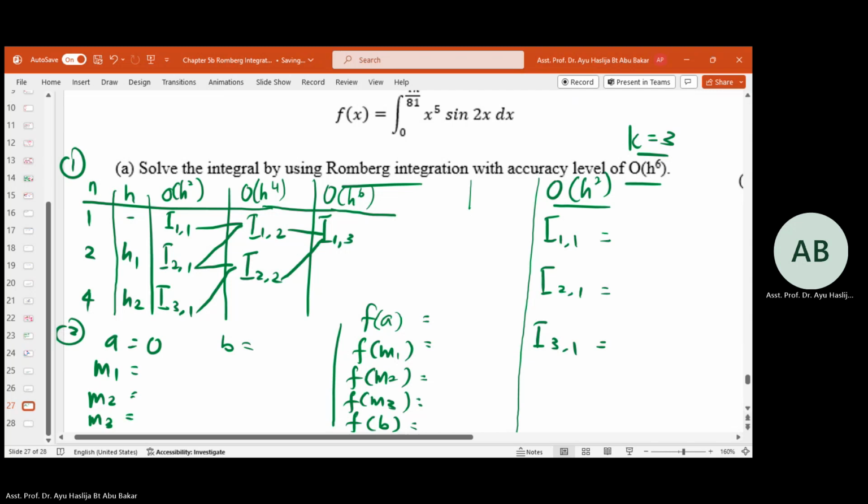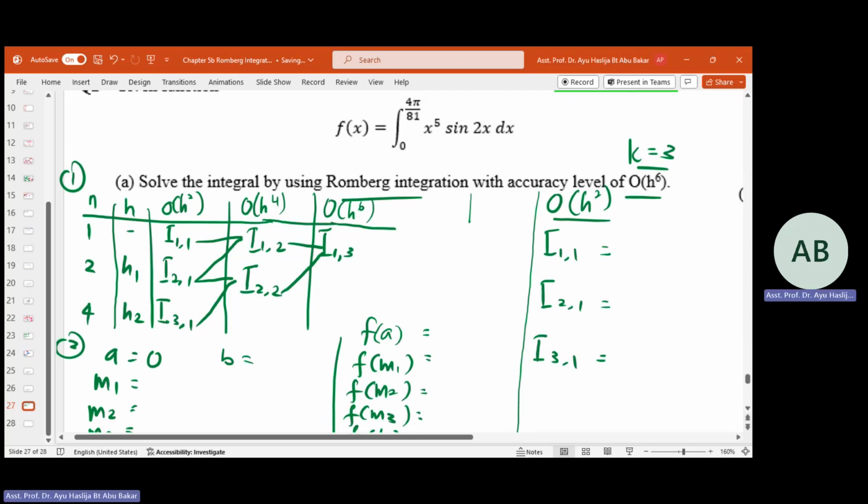Okay, try follow the same step as previous question. Okay, the equation B is pi over 8. 4 pi. Remember, use radian.